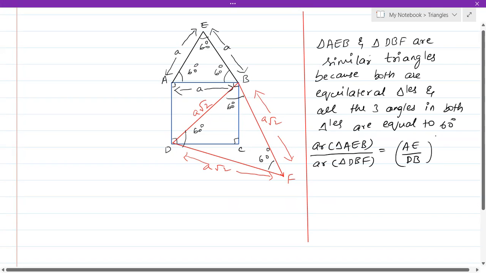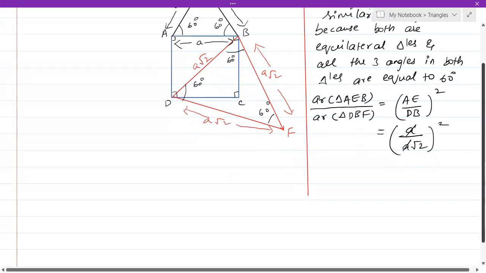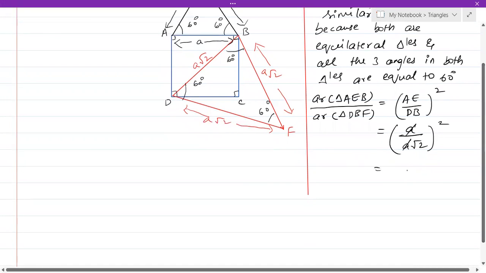From the figure, the value of AE is a and the value of DB is a root 2. So a and a get cancelled, and we are left with 1 by root 2 the whole square.